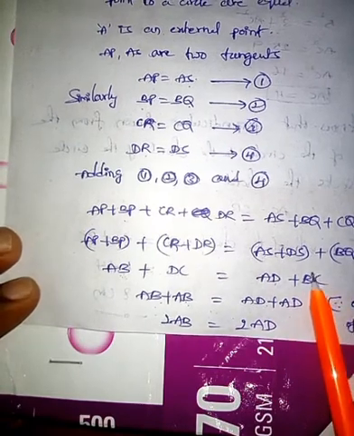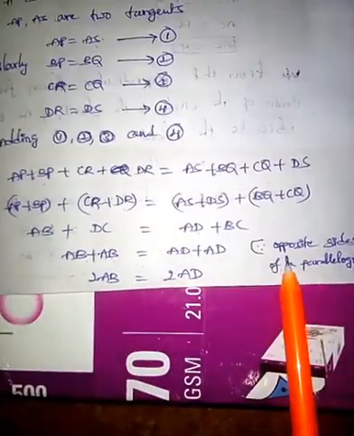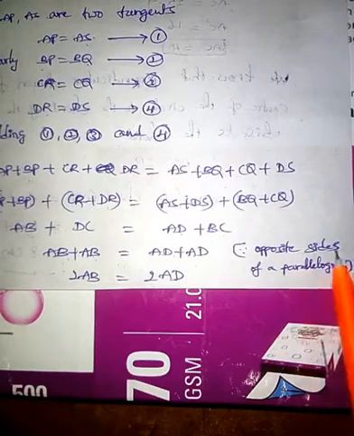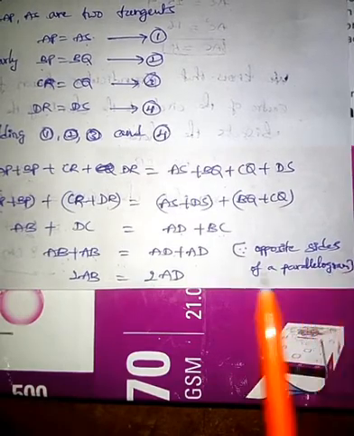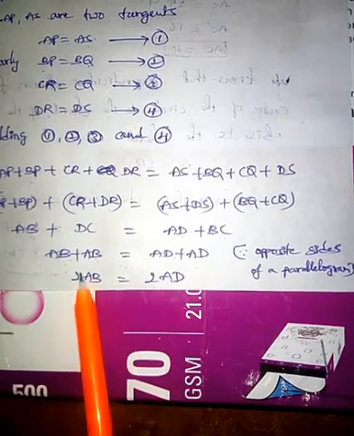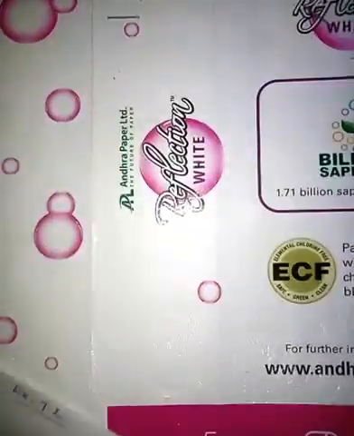That's why I substitute AD in the place of BC. I wrote the reason also, that is, opposite sides of a parallelogram. Okay, AB plus AB is 2AB, AD plus AD is 2AD. The 2 gets cancelled here because these are two equal quantities which lie on the same side of the equal symbol.